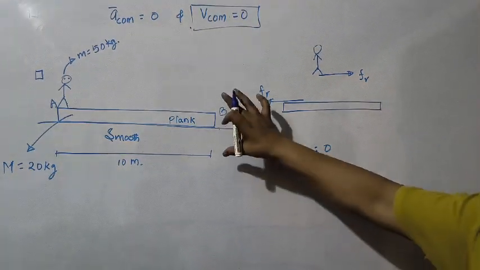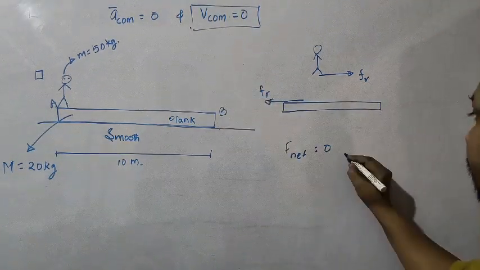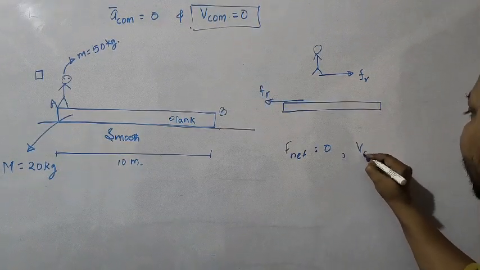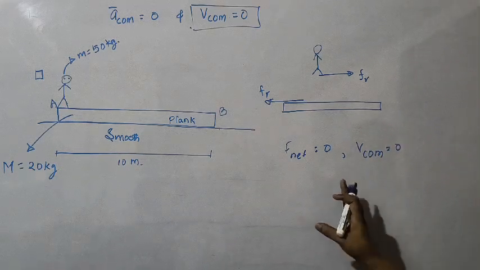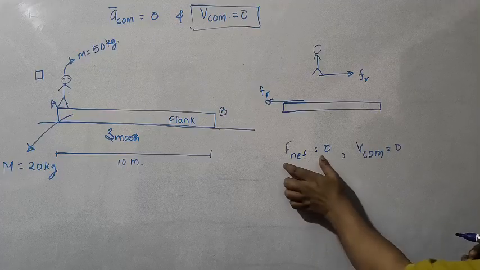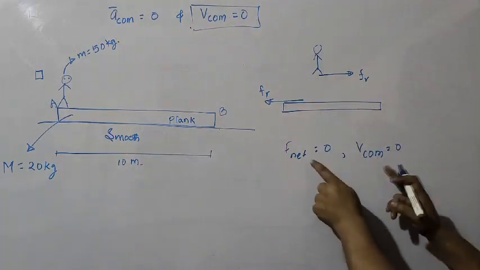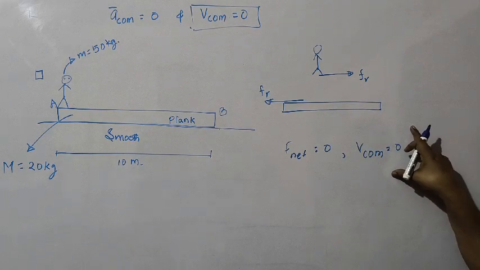Since the system is initially at rest, the velocity of center of mass is also 0. Till now, from this given question and situation, we have got F net is 0 and VCOM is 0.